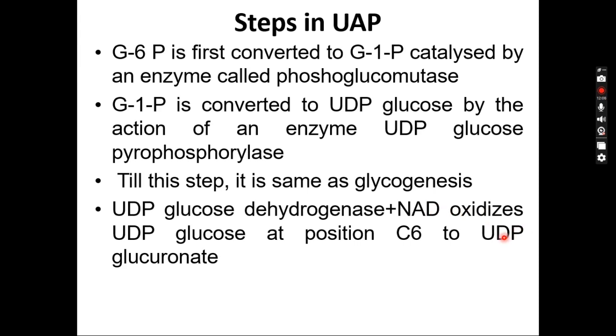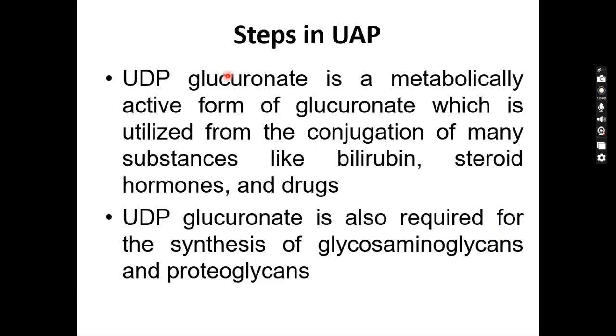So this UDP glucuronate that we now have is a metabolically active form of glucuronate. Okay, and this is the one which is utilized for the conjugation of many substances like bilirubin, steroids, hormones, and other drugs. Like I said, this compound, the UDP glucuronate, is highly polar.